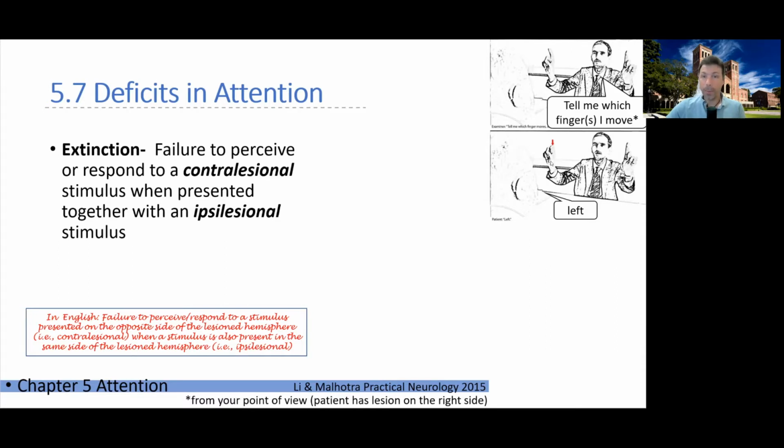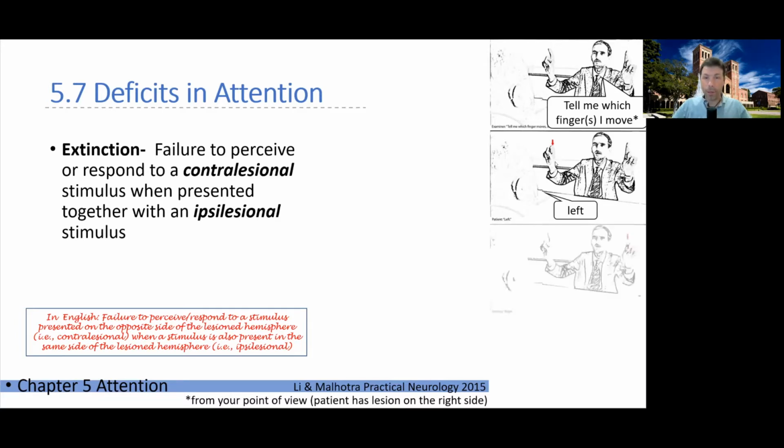So this finger is in the contralesional visual field. The patient sees it. It's, quote unquote, in the bad visual field. Okay, the lesion is on the right, so the problem is with the visual field on the left. Yet, if a stimulus is presented here by itself, the patient can see it just fine.